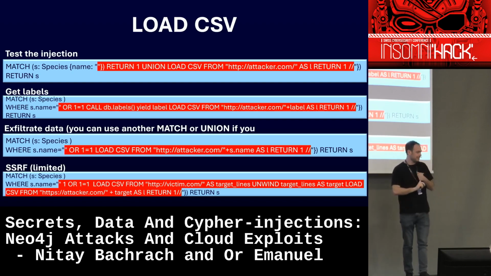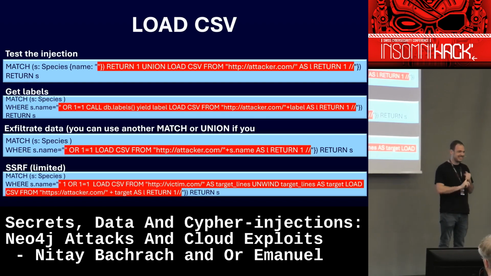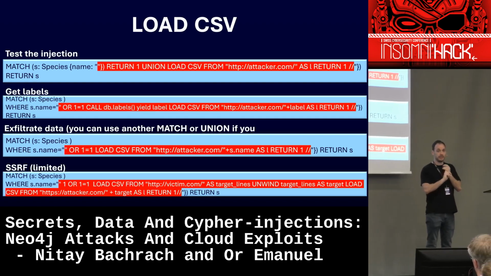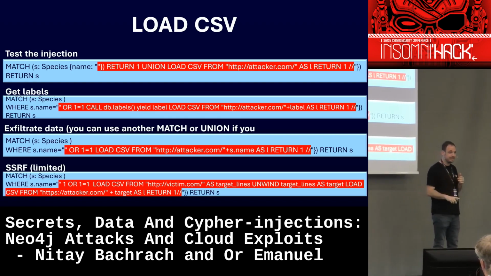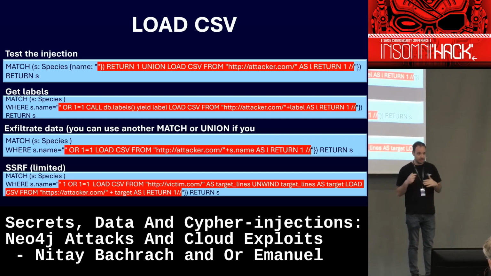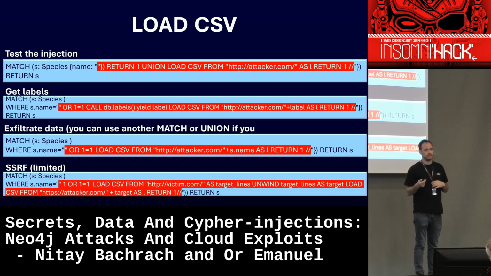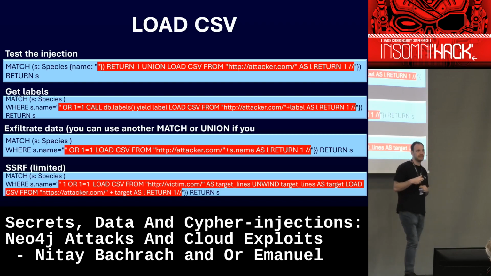One thing you need to keep in mind if you ever use load CSV is that it doesn't really handle URL encoding, which means that it might send invalid requests that most HTTP servers would drop. This includes many HTTP servers that are used by attackers, ngrok, and others, if you use ngrok HTTP and not ngrok TCP, and also Burp.